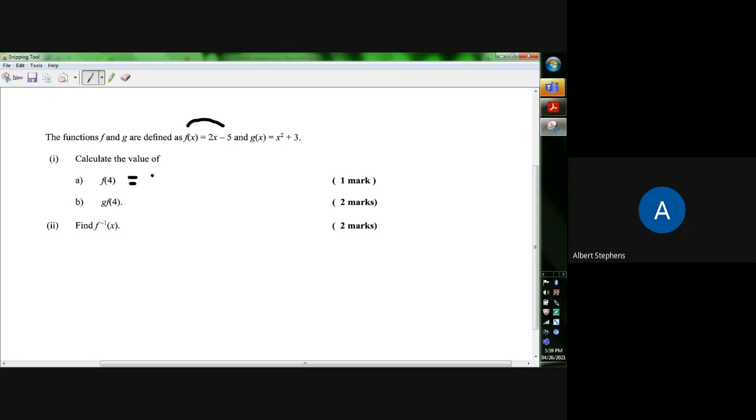So all we need to do is replace x in the f function with 4. It says 2x, but because there's a 4 right there, we replace x with 4, or we input 4 into the function. Subtract 5.